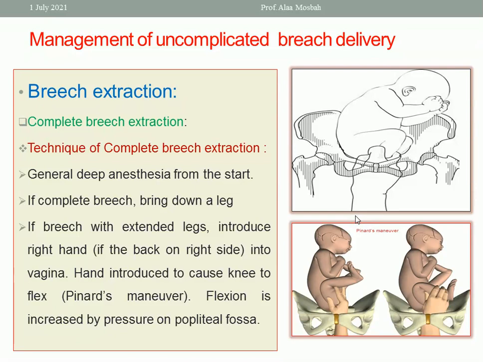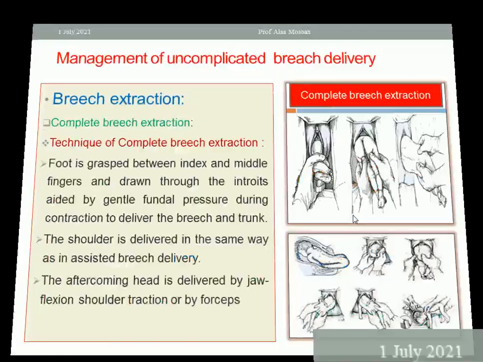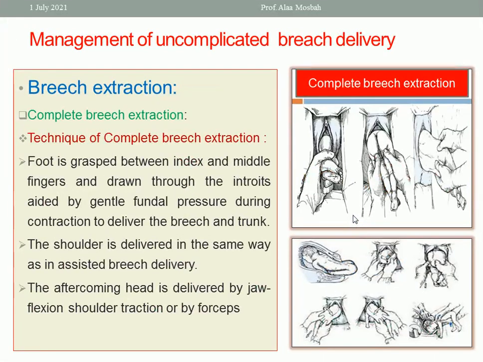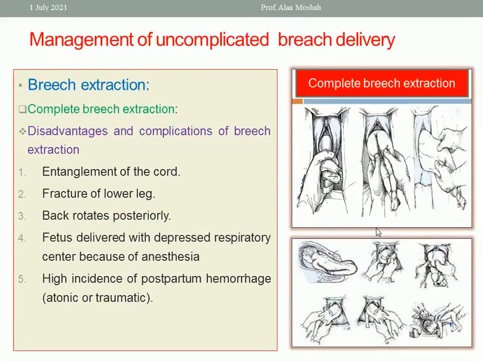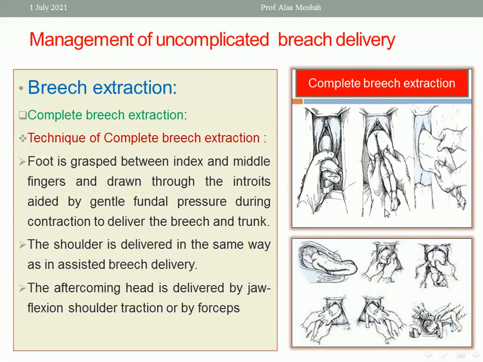But of course, it needs an obstetrician trained in breech delivery. This is again the complete breech extraction, as you see. All maneuvers as mentioned before, then delivery of the shoulder and the aftercoming head.